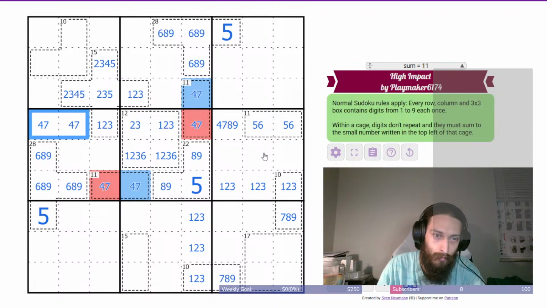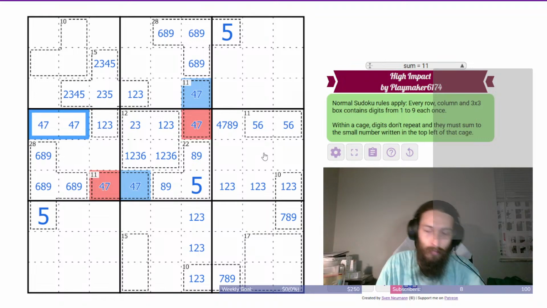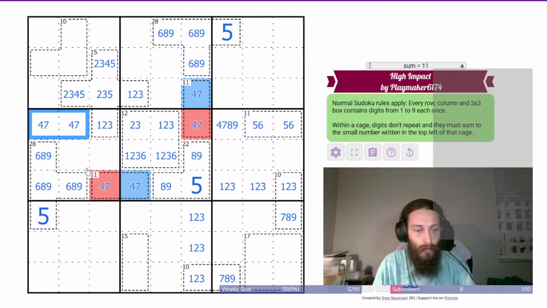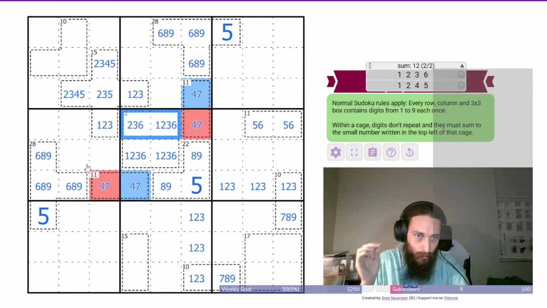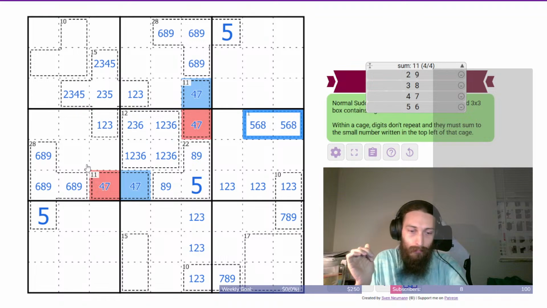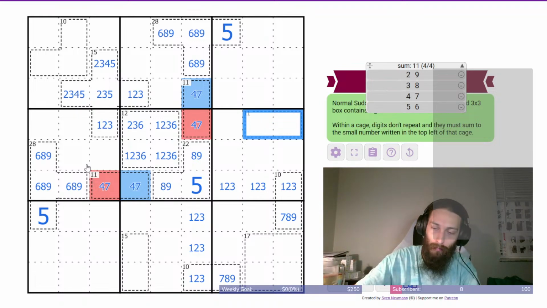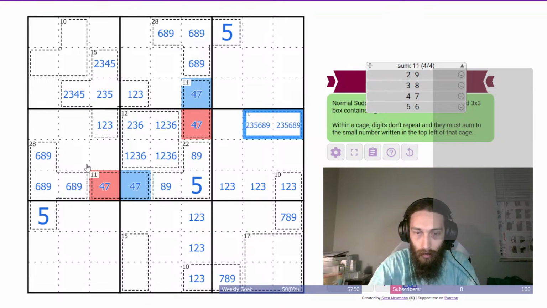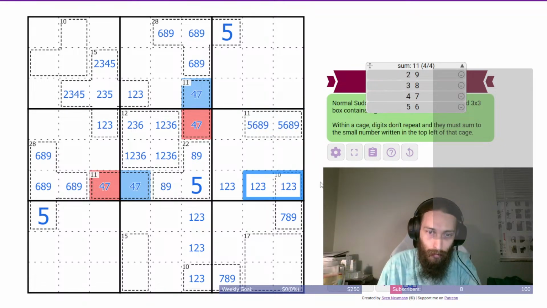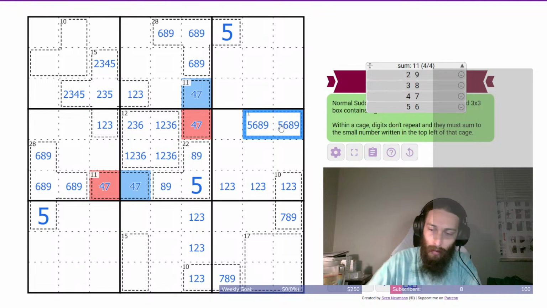Well, that didn't... I did something wrong. Or I've done a lot wrong. This 11, minimum in 11 is 2, 3, 4, 5, 6, 7, 8. So it cannot be a 4, 7. And it cannot have 2 and 3 in it because of the 1, 2, 3 triple down here. So 8, 9 is out.